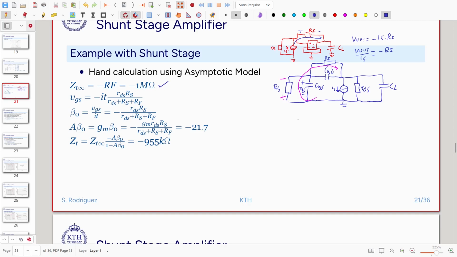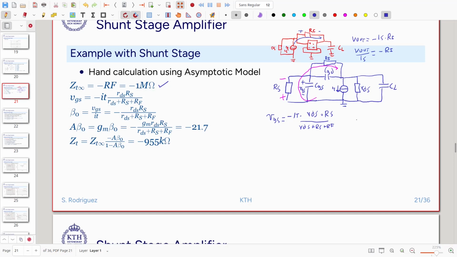So we have the current divider, and this current divider will be equal to IT times RDS divided by RDS plus RS plus RF. So that will be this current that flows in this branch. If I multiply this current by RS, then I will get the voltage drop. It is a minus because it goes in the different direction than the plus minus in VGS.